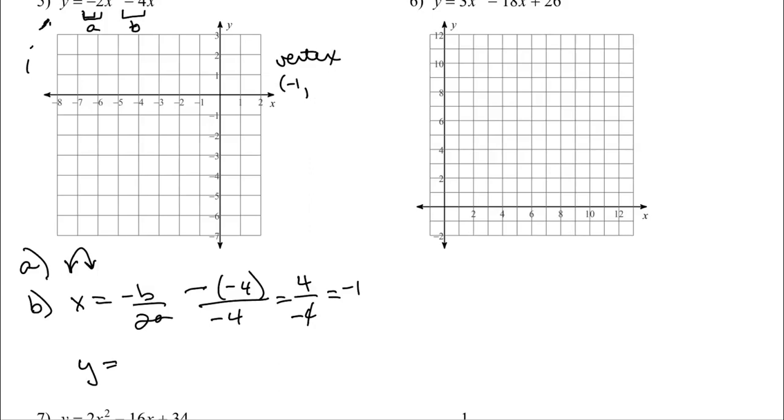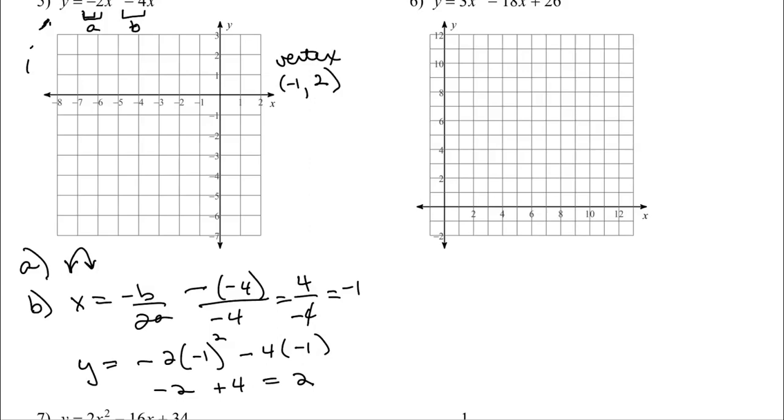So y equals negative 2 times negative 1 squared minus 4 times a negative 1. Okay, negative 1 squared is 1, and 1 times negative 2 is negative 2. Negative 4 times negative 1 is positive 4, and that's going to equal a 2. So it looks like my vertex is negative 1, comma 2.